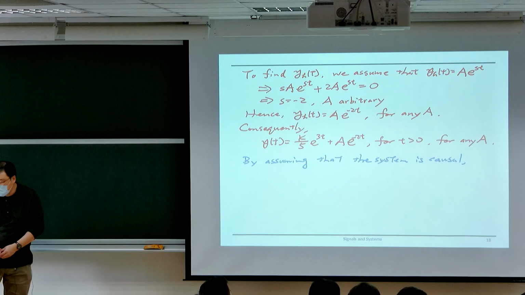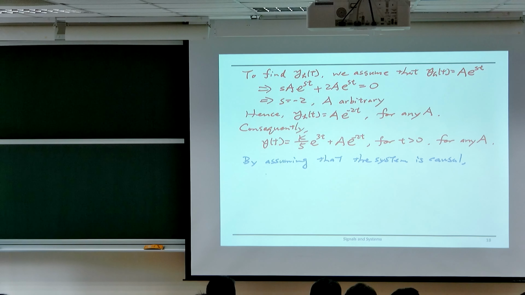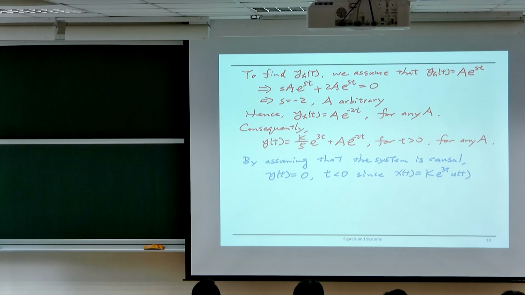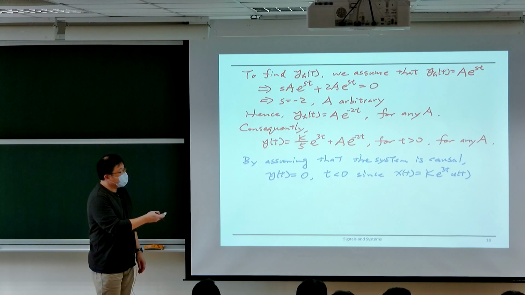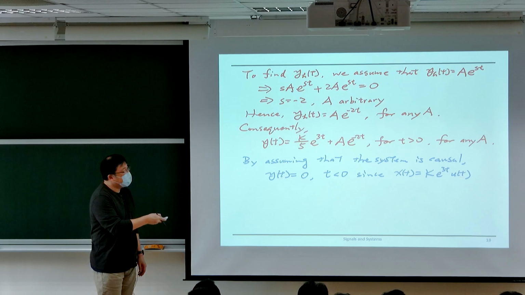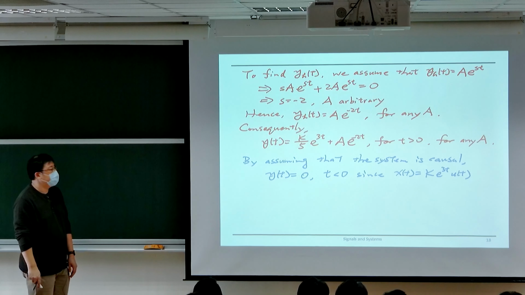So by assuming that the system is causal, we know that the output y of t must be 0 for all t less than 0, since x of t is equal to this, which is 0 for all t less than 0.